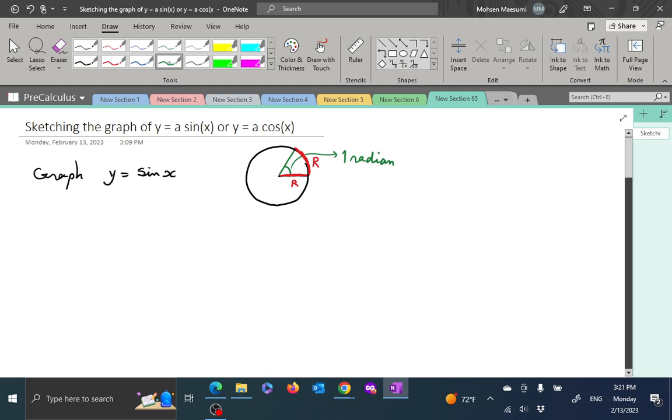And of course, when we go around the circle, here's 2 radians, 3, 4, 5, 6, and change. This turns out to be 6.28 radians. In reality, that's just 2 pi radians.